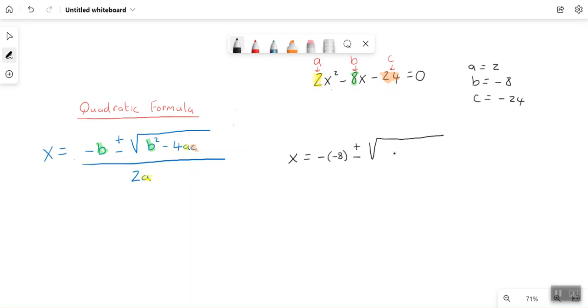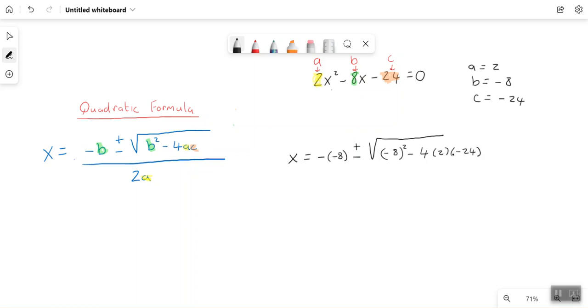The value for b is minus 8, so it's minus 8 in brackets squared, minus 4 times the value for a, which is 2, times the value for c, which is minus 24.